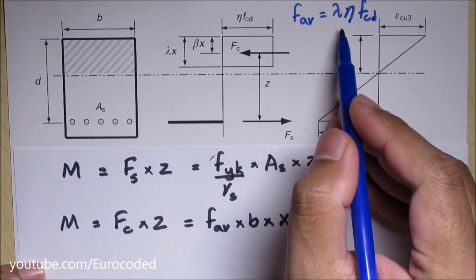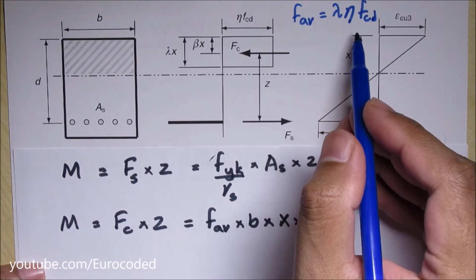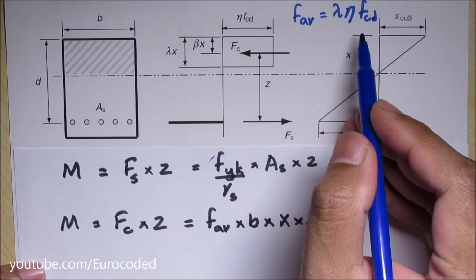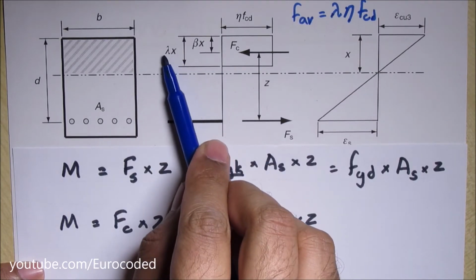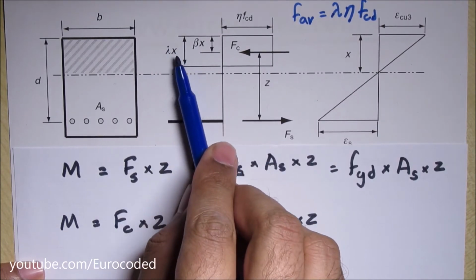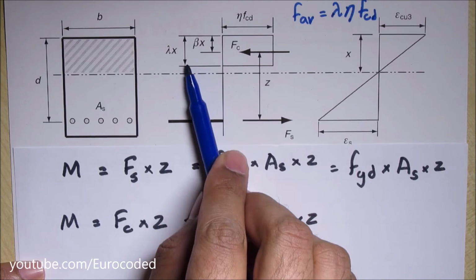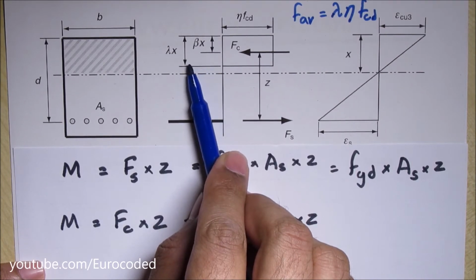Lambda and eta factors are used to define the effective height of the compression zone and effective strength respectively. You can see that lambda is used here to define the effective height of compression zone.